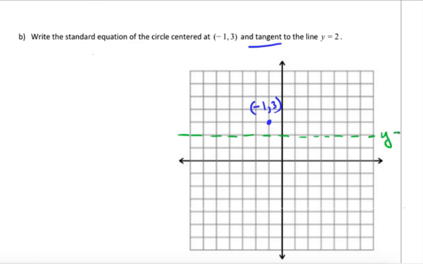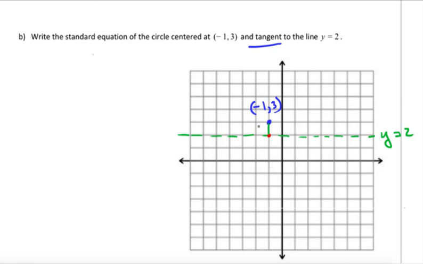So that means that it touches the line just at that point. So that is a point on our circle, which means that since a circle is a set of all points equidistant from the center, if that is a point on the circle, then this distance here must be the radius.